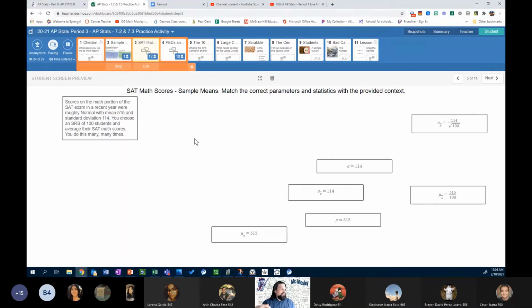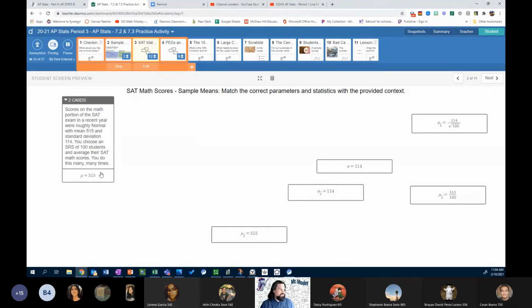So the population mean and standard deviation are provided at 515 and 114. The notation that goes with those is mu for the population mean, 515, and sigma equaling 114 for the standard deviation. Regular mu, no extra symbols on it.